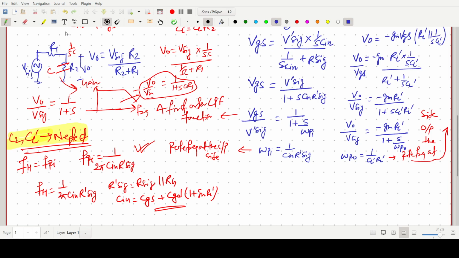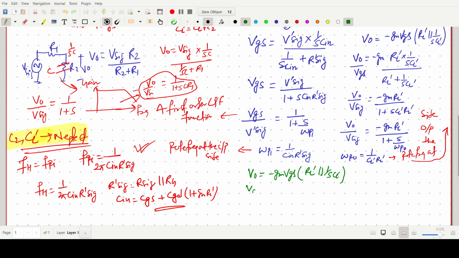So now the next one, the term V naught. Now I am writing the V naught value. For V naught we can write minus GM VGS and RL dash in parallel with 1 by SCL dash. Simply find minus GM VGS, RL dash in parallel with SCL dash.